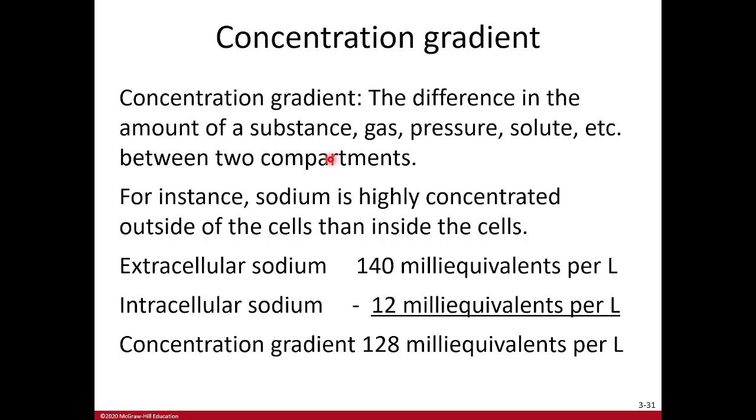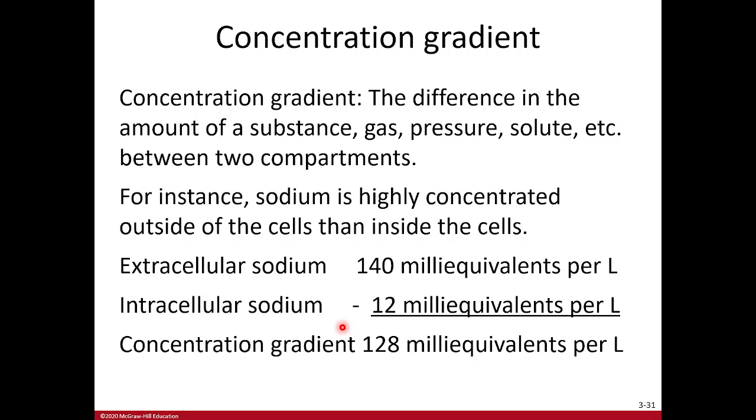Now, this example that we have here is just to show you what a concentration gradient is. A concentration gradient is the difference in amount of a substance, a gas, pressure, solute, etc. between two compartments.